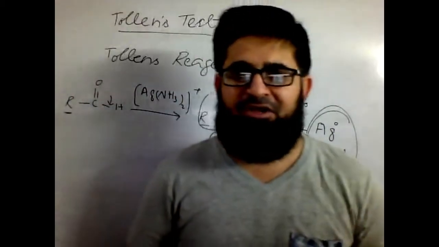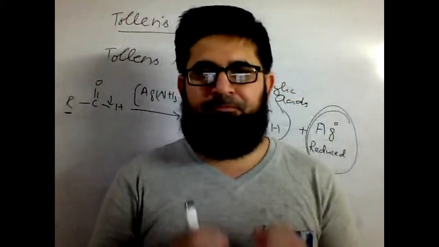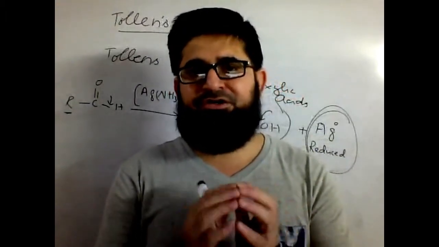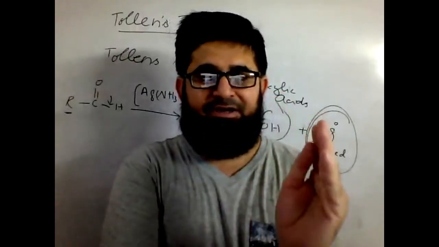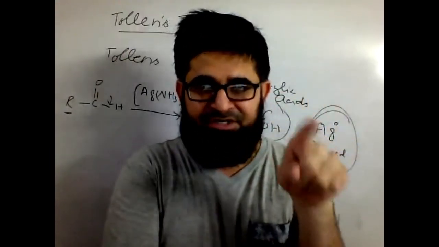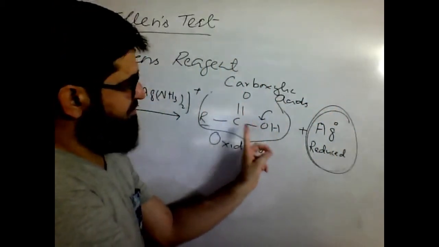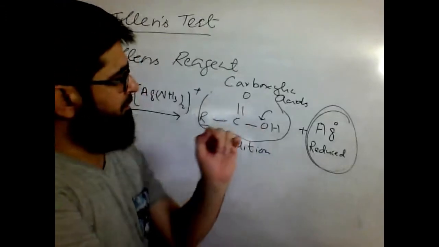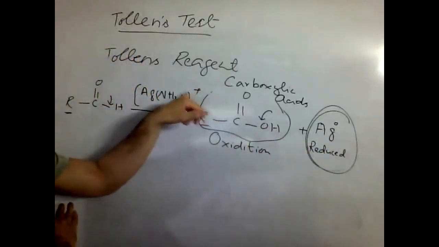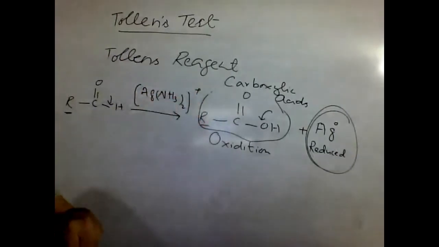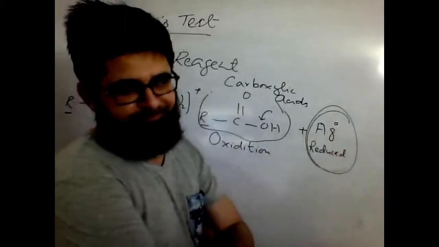So basically what happens inside the Tollen's test, we use ammoniated silver nitrate solution for a reaction with aldehydes. The aldehydes undergo oxidations. They become the corresponding acids, carboxylic acids. However, the silver, which was supposed to be +1, gets reduced to Ag0.